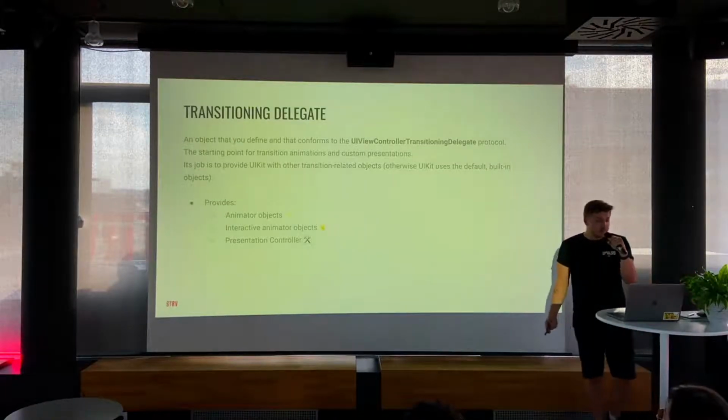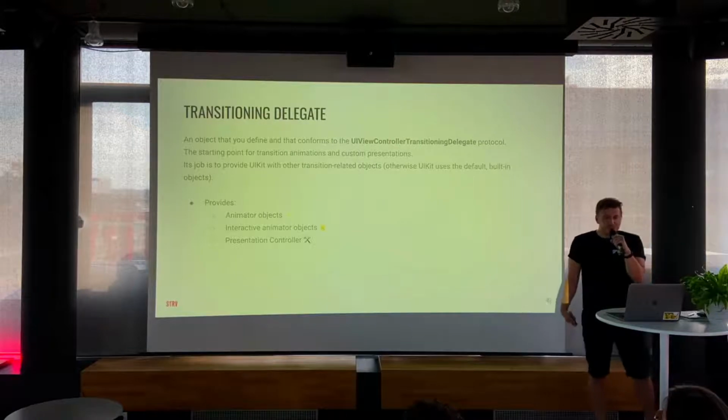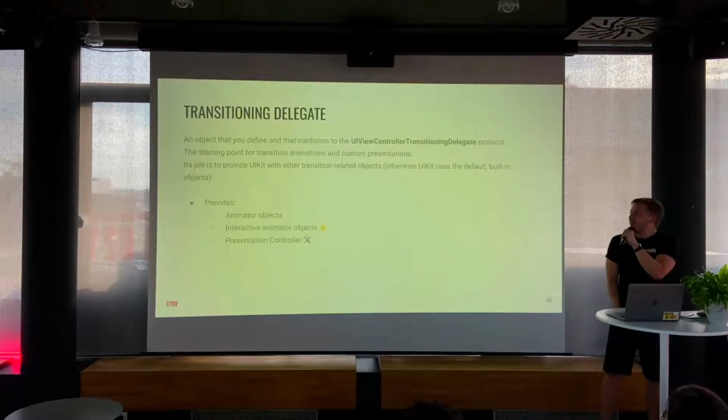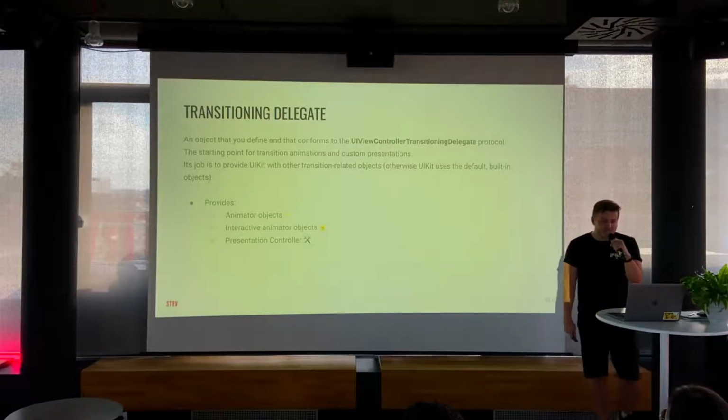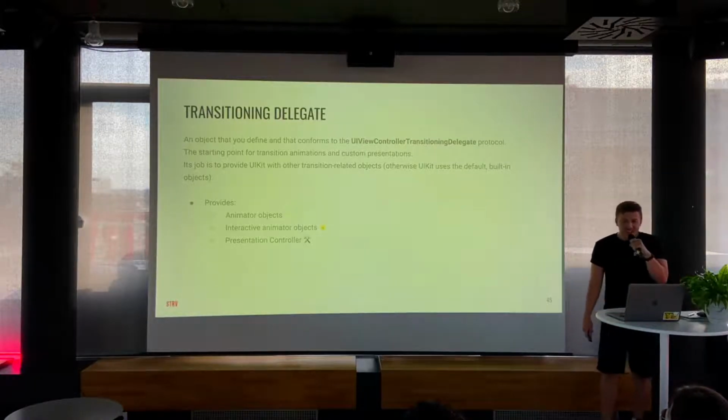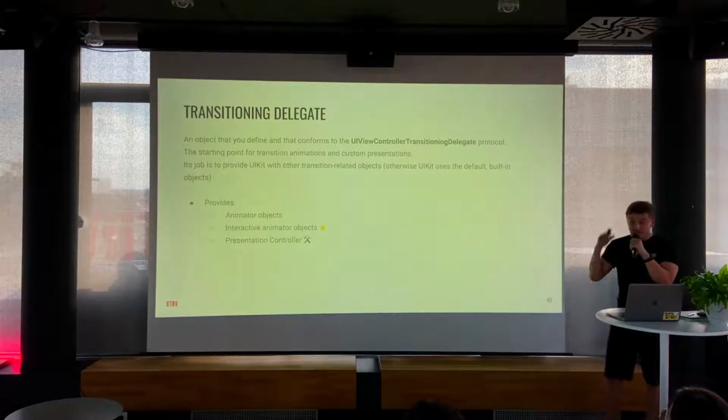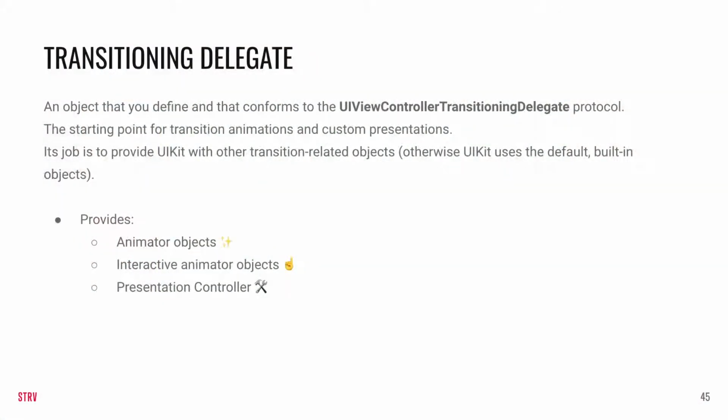This is quite simple. It's simply an object that you define and that conforms to this UIViewControllerTransitioningDelegate protocol. Its job is to provide UIKit with other transition related objects. There are three kinds, as you saw: animator objects, interactive objects, and presentation controller.